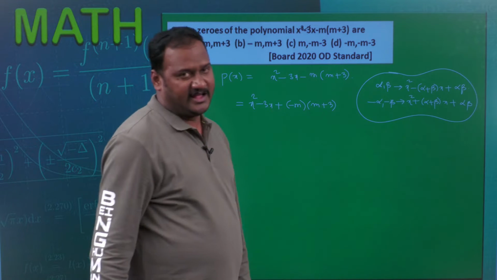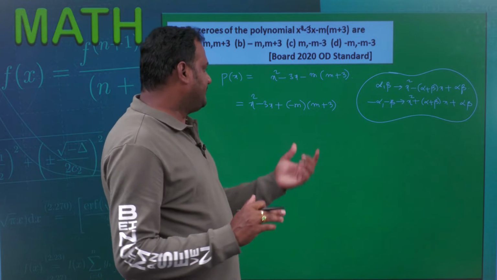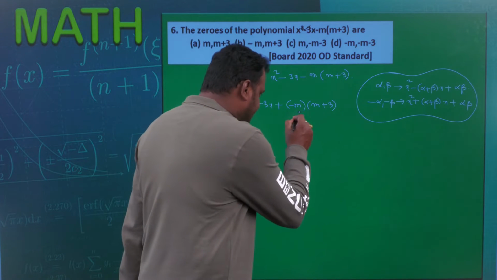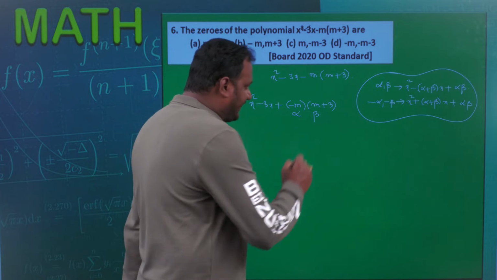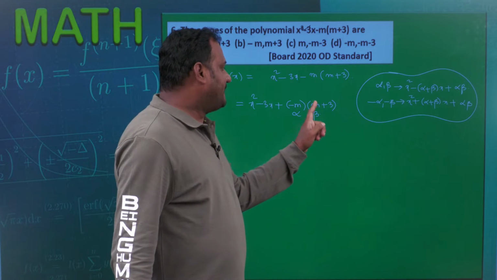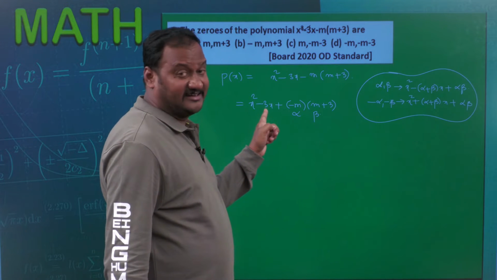Now if I consider these two as alpha and beta, then what is alpha plus beta? Minus m plus m plus 3. So minus m plus m gets cancelled, remaining 3. So the 3 is already there.